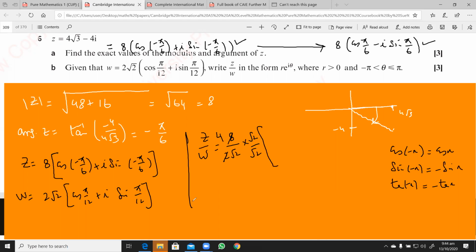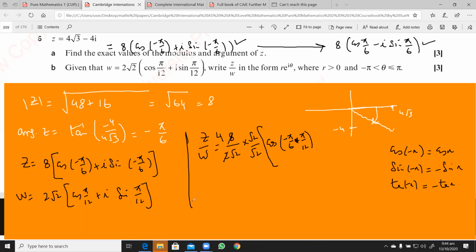Okay, anyhow, let's see. Now what will be the argument of this z over w? Yeah, you will be adding them together. So let me just write it down. Cos of minus pi by 6 plus, yes, beta? Oh, we had to subtract, yes.